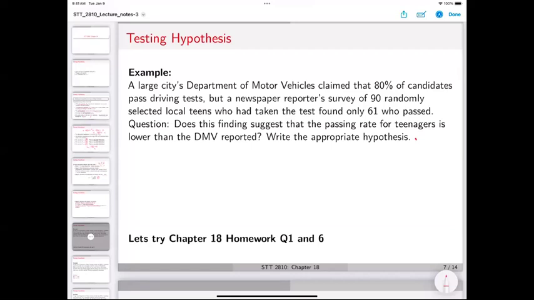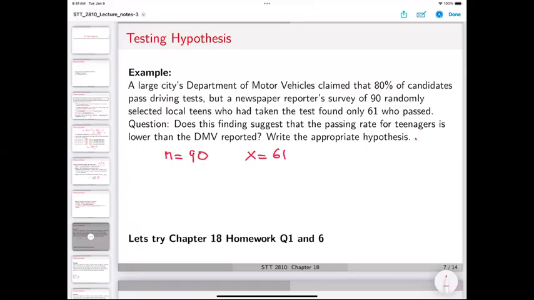So from here, you can see our n is 90. Who had taken the test and found that only 61 passed. So our x is what? 61. That is the number of people who passed out of the 90. Are we all okay on that one?